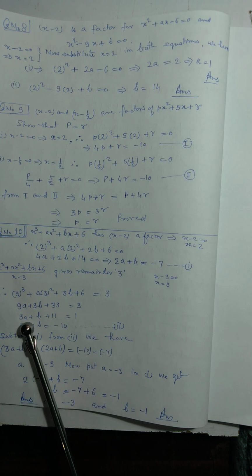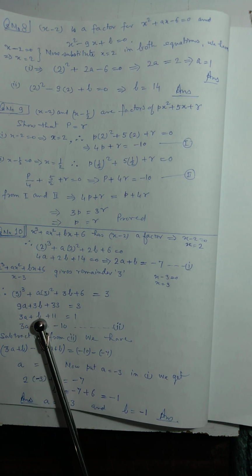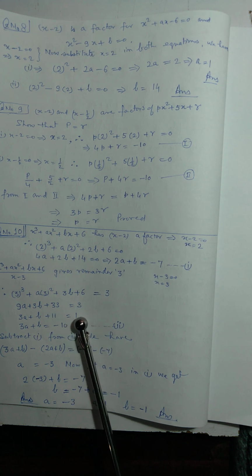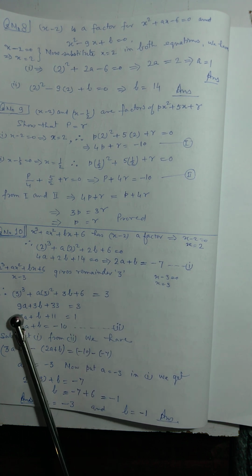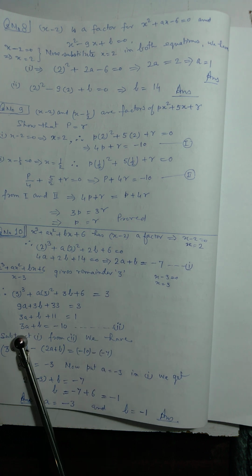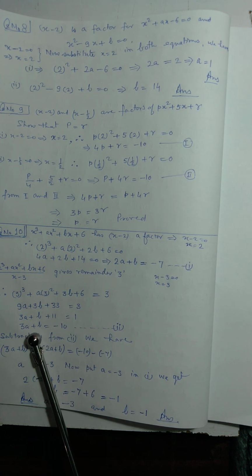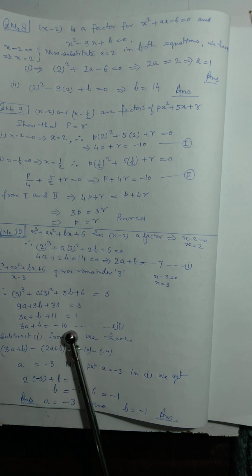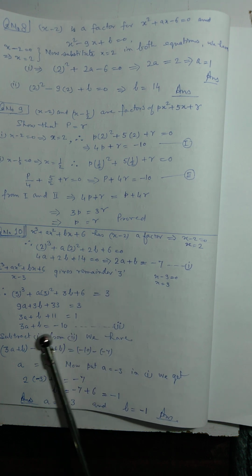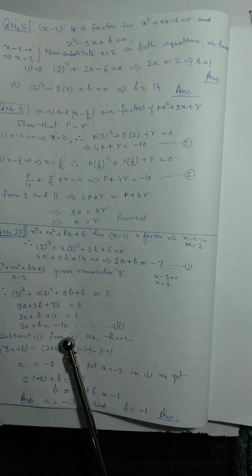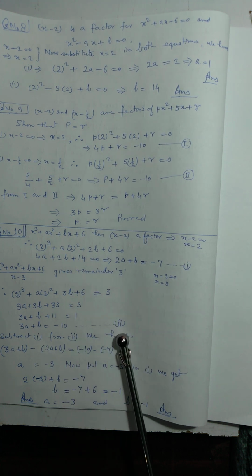So 9a plus 3b plus 33 equal to 3. So again divide the complete equation by 3. We will get 3a plus b plus 11 equal to 1. So 3a plus b is equal to minus 10. This will be your second equation.